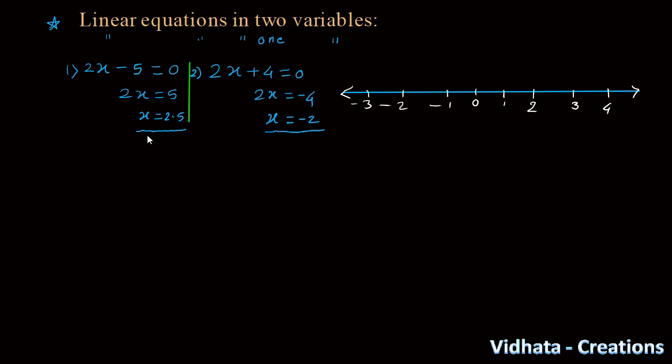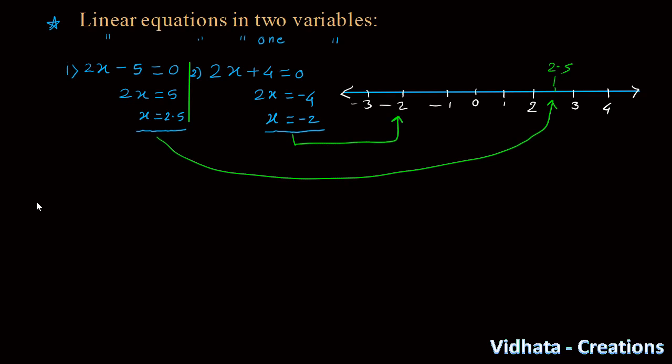The solution of the first equation is x is equal to 2.5, so you will get the solution over here at the value 2.5. The second equation has its solution at this point.